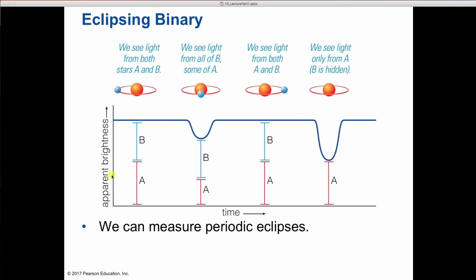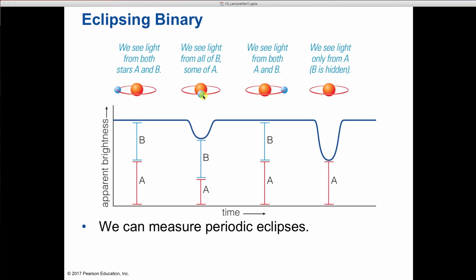So you have a graph of apparent brightness as a function of time. There's a certain brightness that star A gives you, plus a certain brightness that star B gives you. When star B goes in front of star A, we still see all the light from star B, but some of the light from star A is blocked. So we see less light from star A, and the total light we see has gone down.